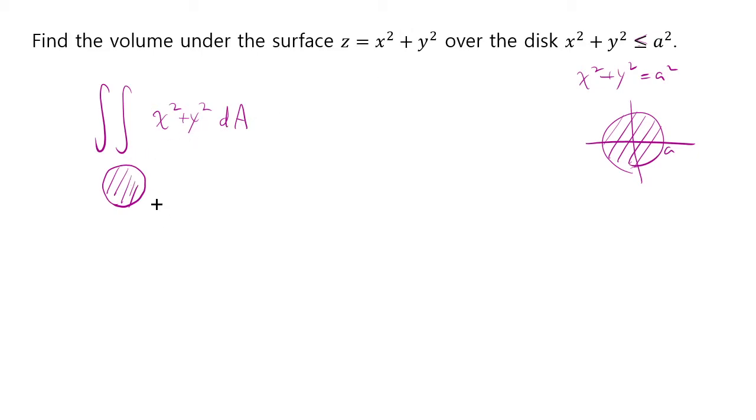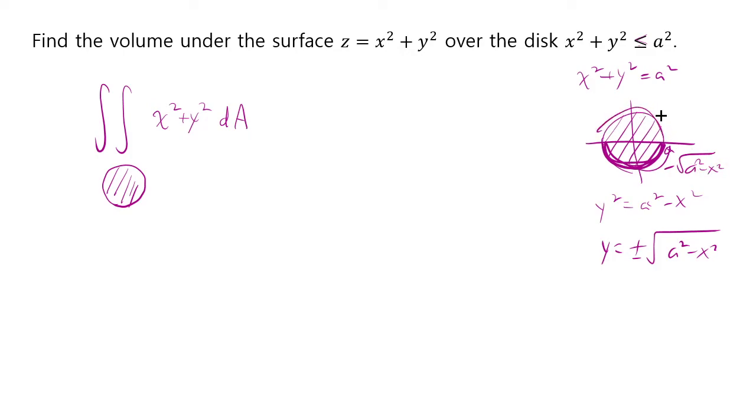So you could do this using rectangular by solving this for y squared first, and then solve for y as plus or minus square root of a squared minus x squared. So in that case, you would be painting this region starting from the minus. This is minus square root of a squared minus x squared.